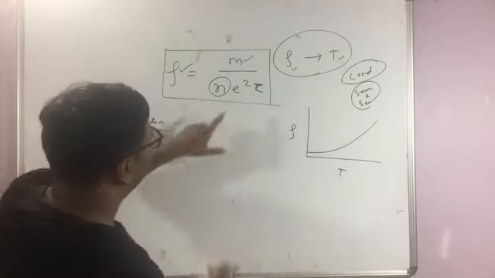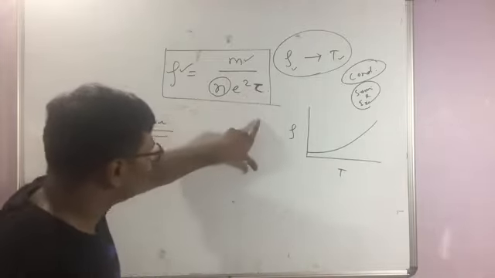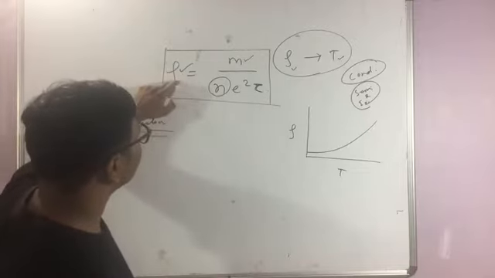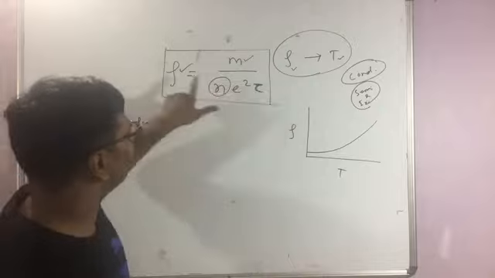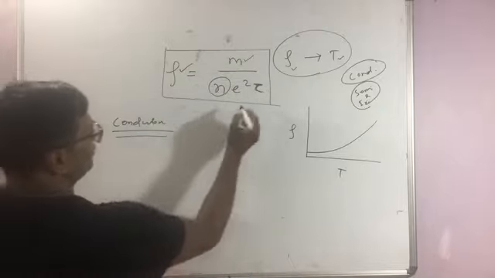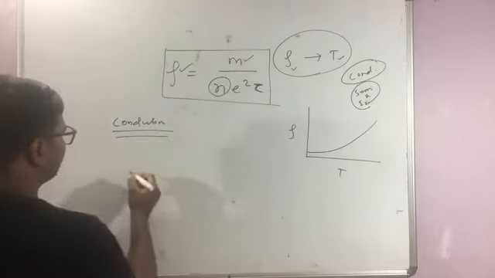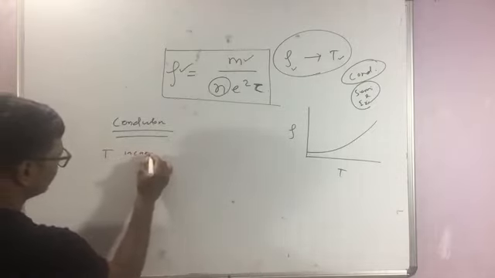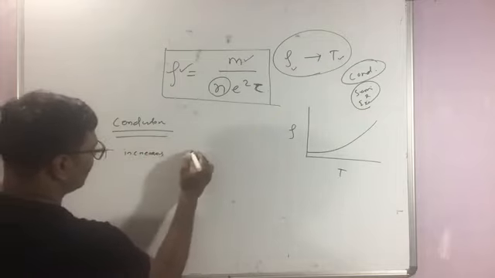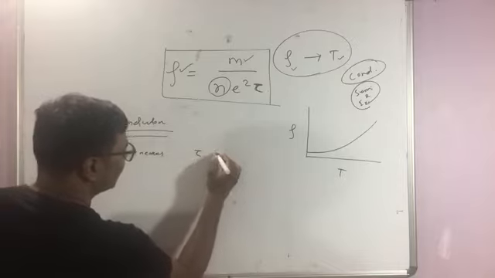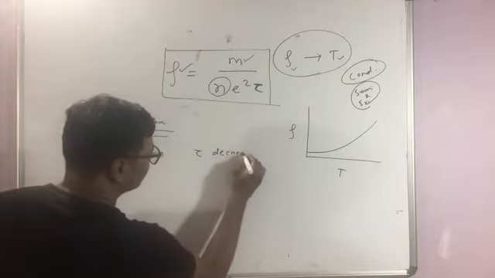So if the value of tau decreases, the value of rho increases, because rho and tau are inversely proportional here. Clear? So in the case of a conductor, if T increases, tau will decrease.